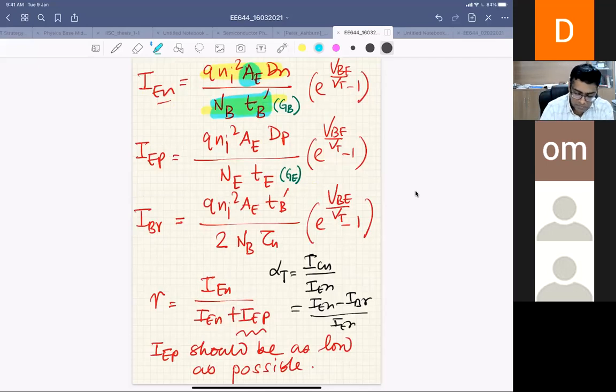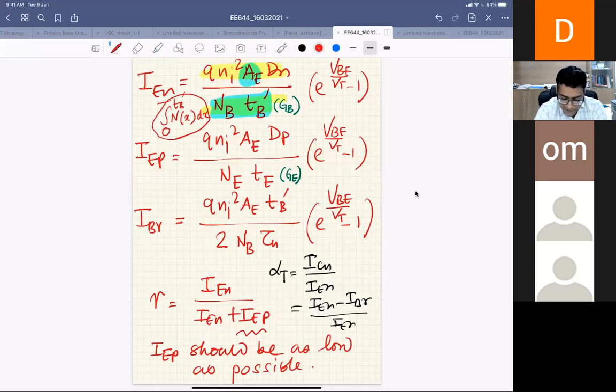So then I have to write this, because the base doping NB is also varying, so this is the integral of NB dx from 0 to TB dash. This part is nothing but your Gummel number. Basically, when you're modeling, because your base doping is not constant, the denominator you just put in the Gummel number term.